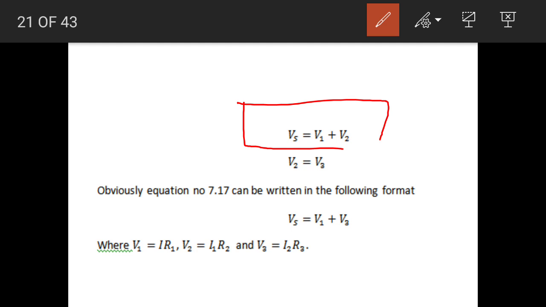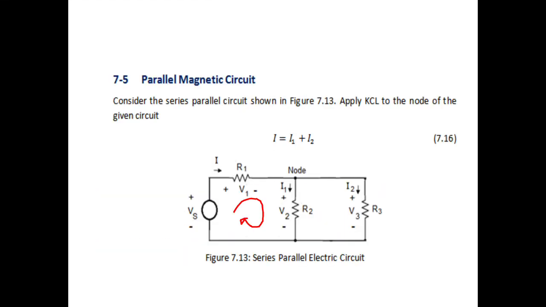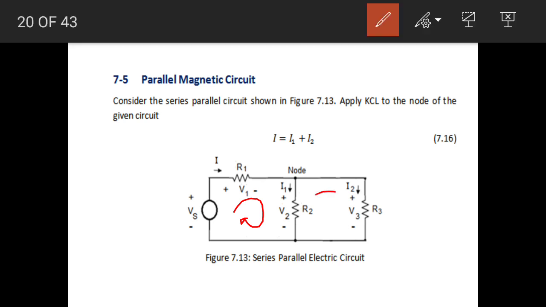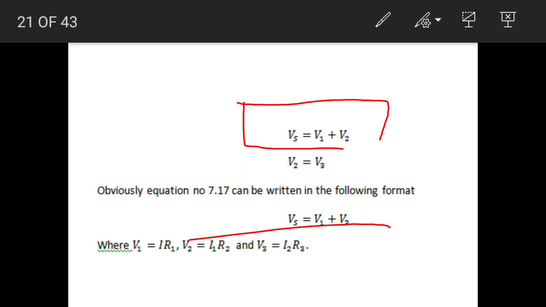And if we apply KVL to loop number 2, according to KVL, V2 will be equal to V3. So we apply KVL to loop number 2 and we obtain this particular equation, V2 will be equal to V3.